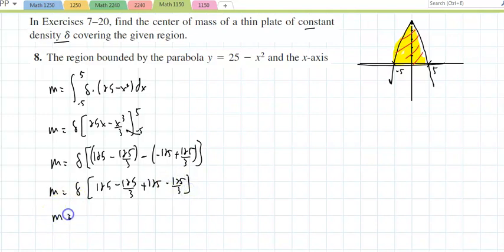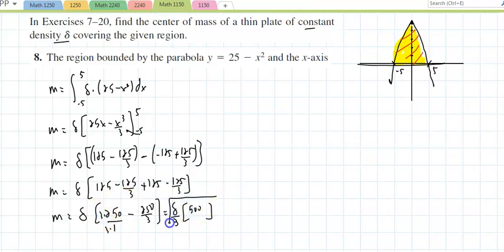I'm getting m to equal delta times 250 minus 250 over 3, and that turns out to be delta over 3 times, if I multiply this by 3 top and bottom, that's 750, that's 500 over 3.